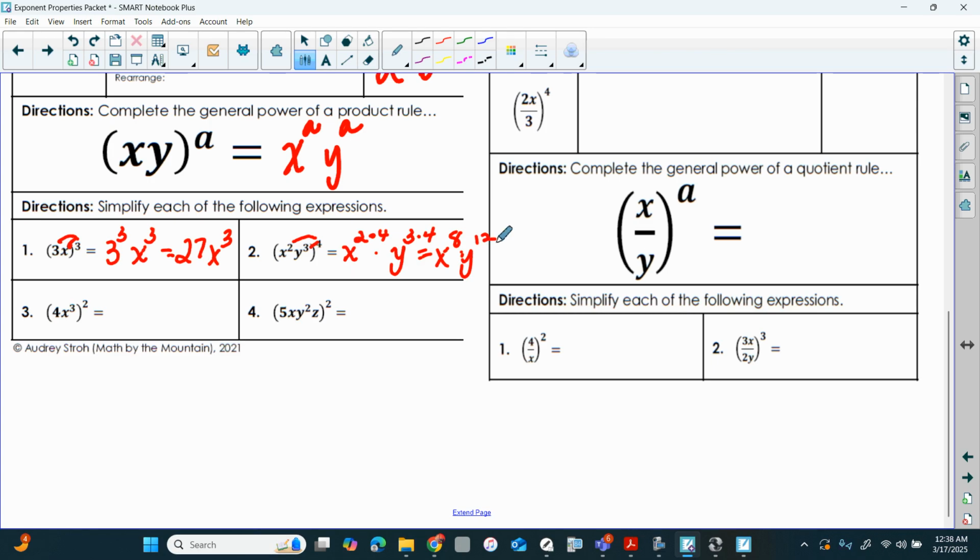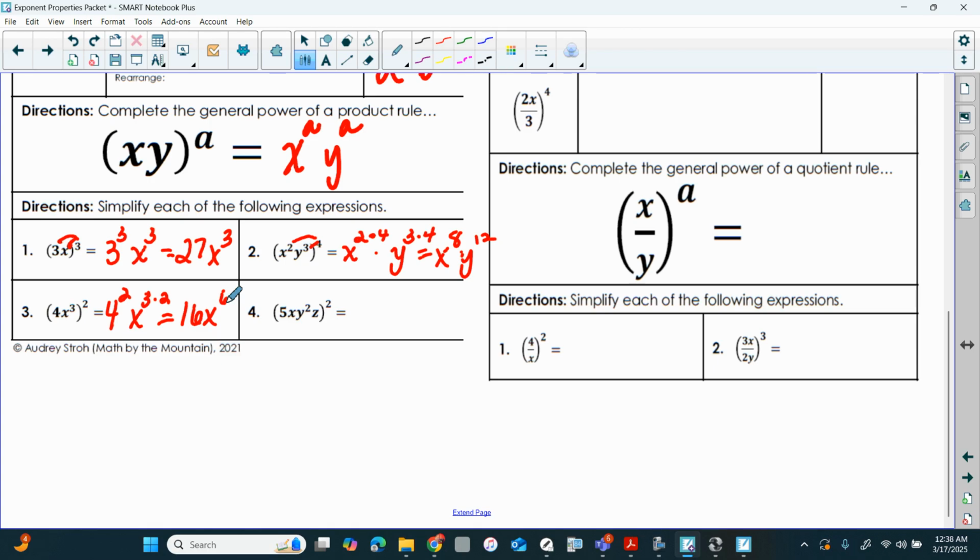Okay. So distribute your exponent outside the parentheses to each term. So 4 to the second, and this is x to the third times 2. Well, if I square 4, that's going to give me 16x to the 6th power. Okay.